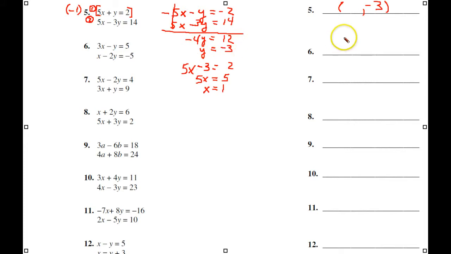So this is our y coordinate, not the x. And you have to be careful and check your work. Now that we have y is a negative 3, I'm using this original first formula, 5x minus 3 equals 2. Transpose the negative 3, that gives me a 5. X equals 1. And that now does check.